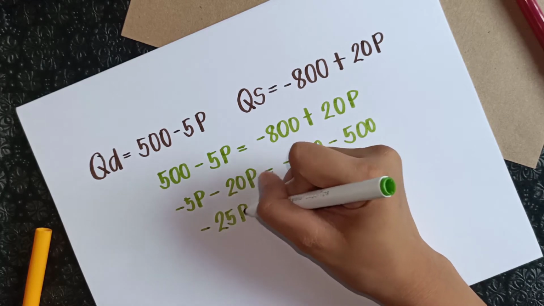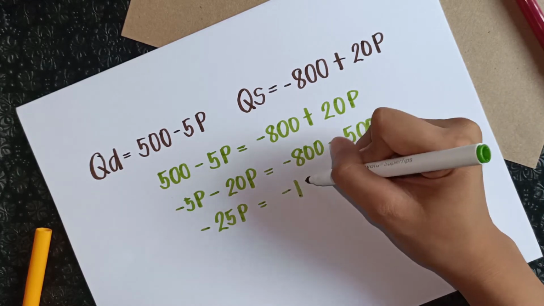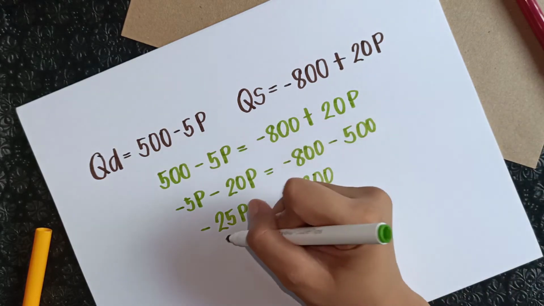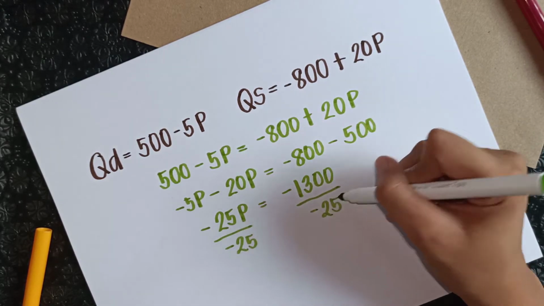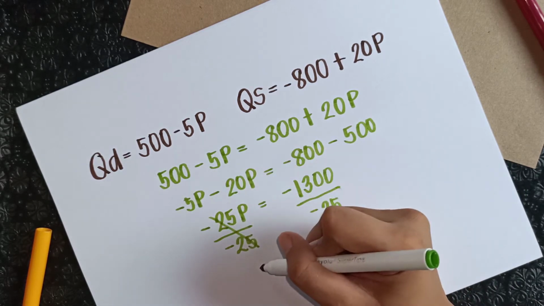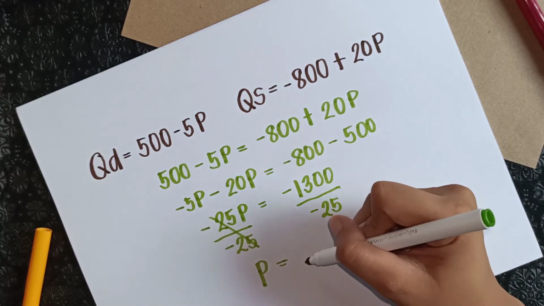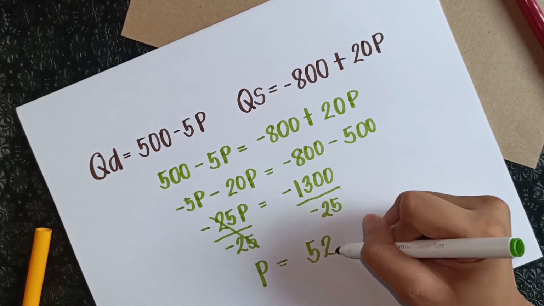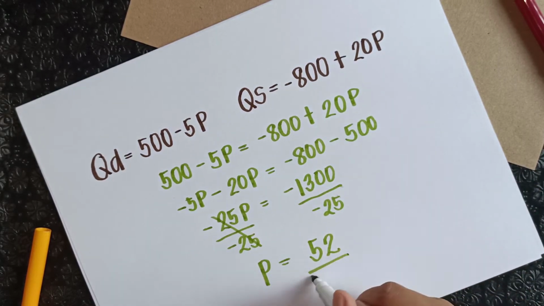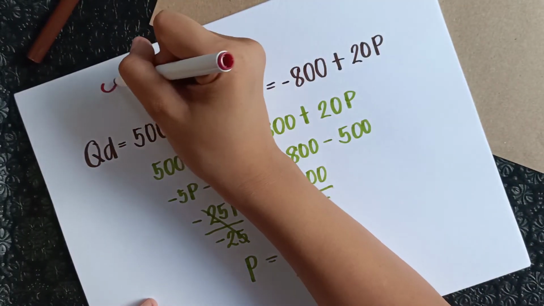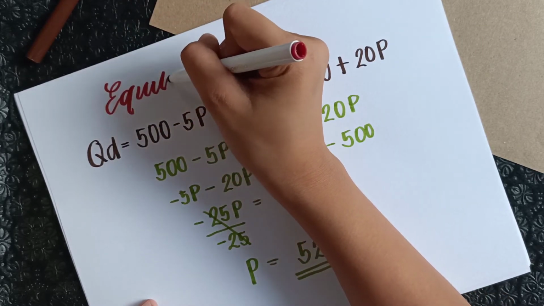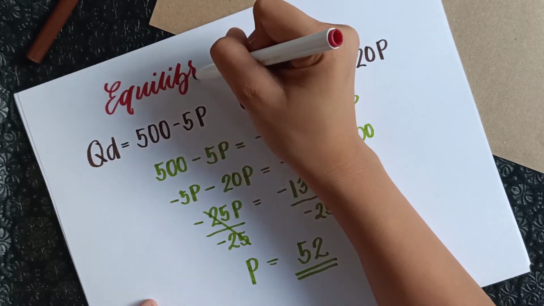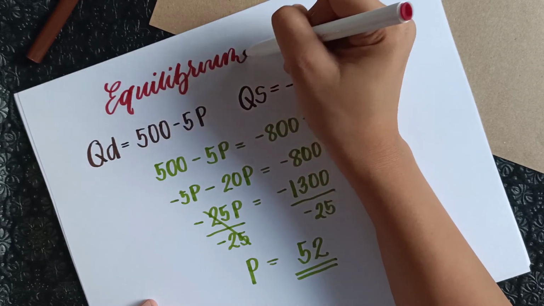We will come up with negative 25P is equal to negative 1,300 divided by, of course, negative 25. So P here, or the price, is equal to 52. So that's for our equilibrium price, or the price level that both buyers and sellers agree to have a transaction in the market.